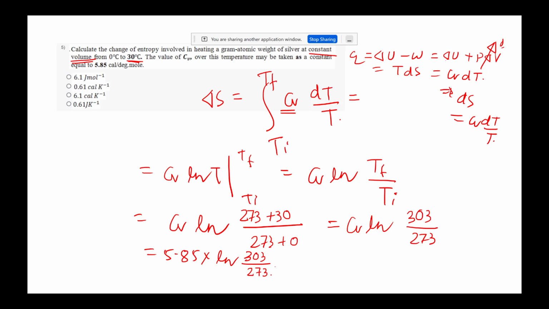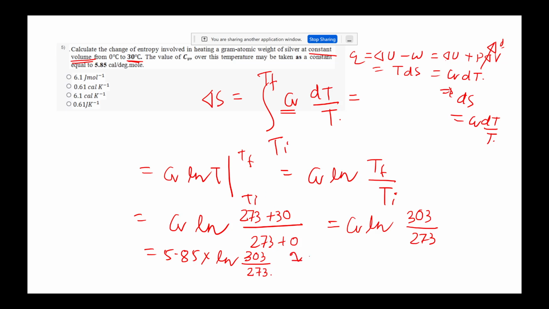Can you speak clearly? Got the point? Yes. Okay. Now if you calculate the ln of 303 by 273 and times this 5.85, this comes 0.609.